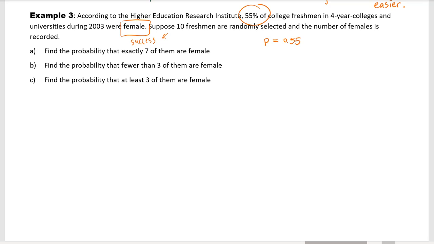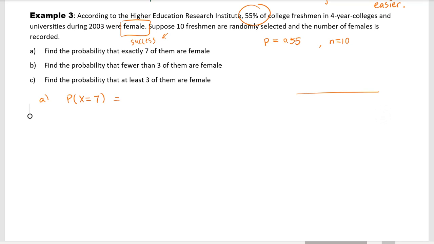Suppose 10 freshmen are randomly selected, so n equals 10. Part A, find the probability that exactly 7 of them are female. So probability x equals 7. You either use the PMF or use the CDF. I suggest you use the CDF.